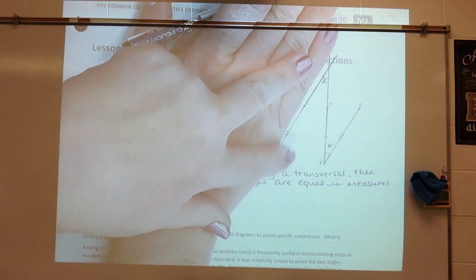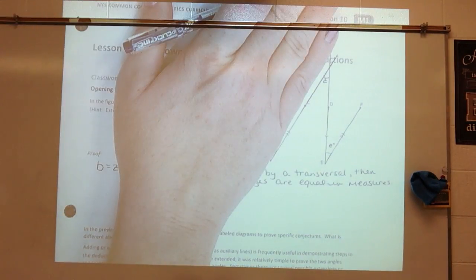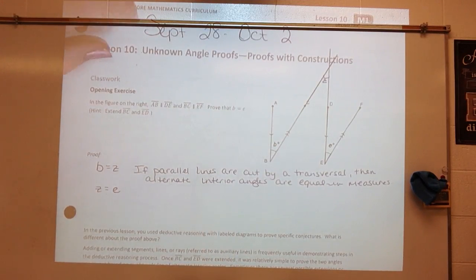What do I know here? If these are parallel lines, then this is my transversal. What do I know about Z and E? Well, I know Z is equal to E, same reason.